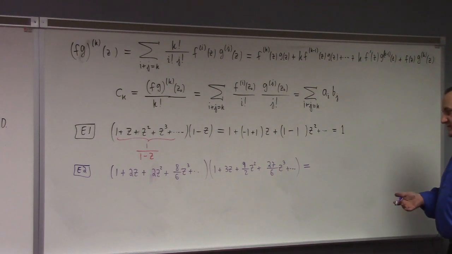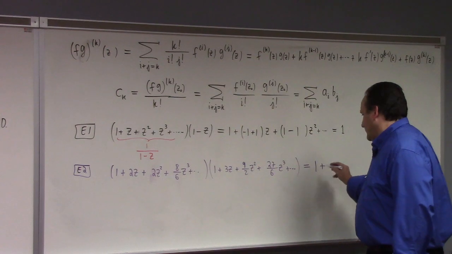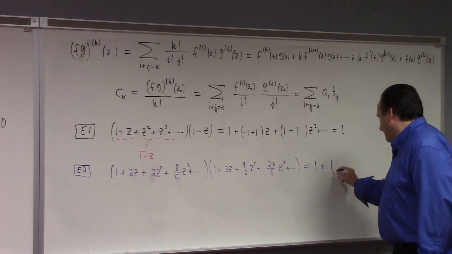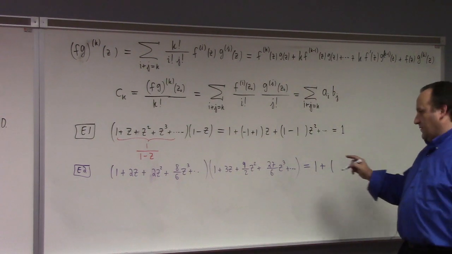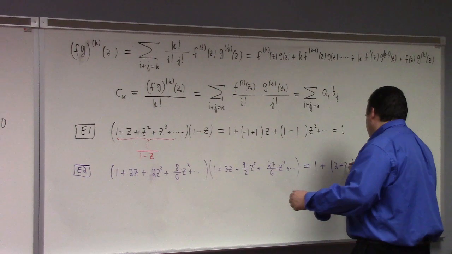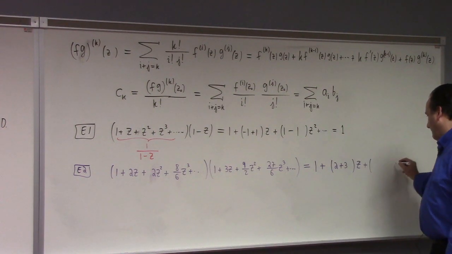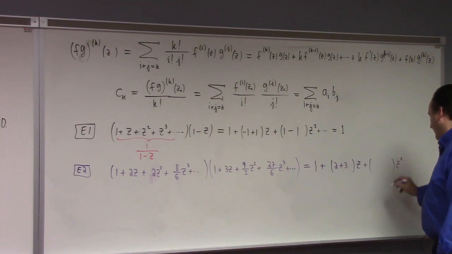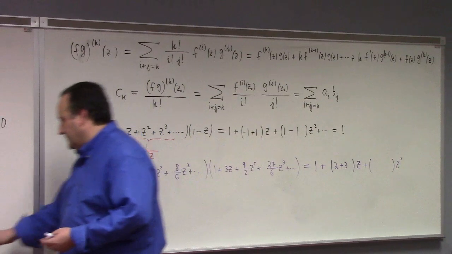Let's work it out. What's the constant term? 1. All right. What's the term linear in z? 2z times 1, 3z times 1. So I get 2 plus 3, right? How about z squared? How many z squareds do I have? Let me color code that for you guys.